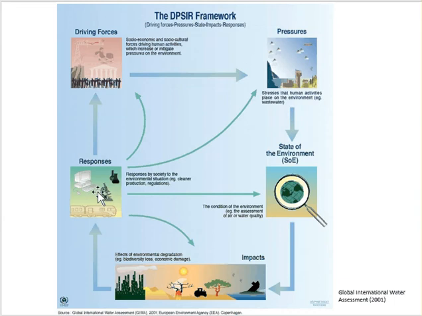Our responses can address biodiversity loss directly. So we may build more zoos, take biodiversity out, so not solve the pressures, but just save the biodiversity as a short-term goal. We can take a look at impacts, we can do restoration or something like that and try and solve the impacts directly.